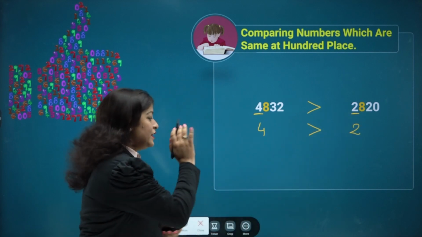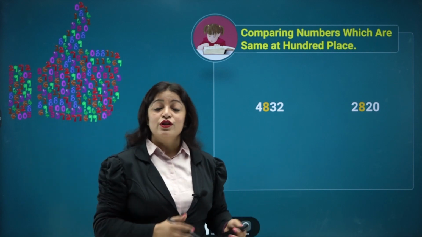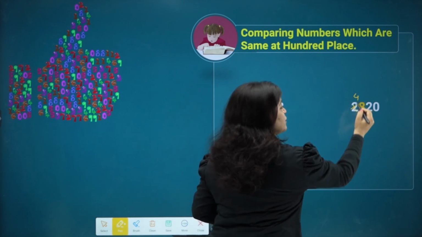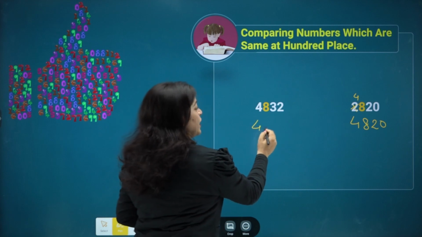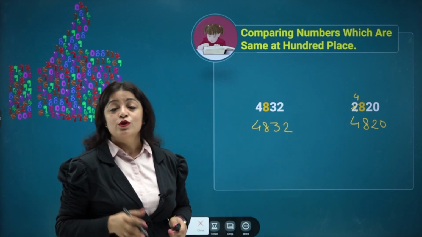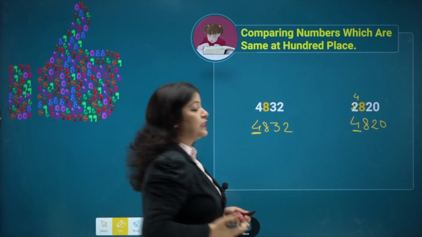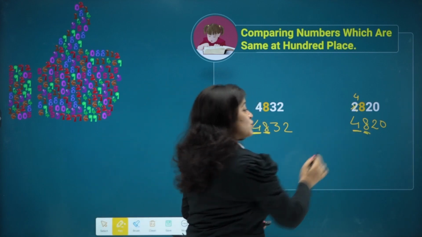Now suppose in the same question, the thousands digit is also the same, like if this is 4 and this is also 4, that means the new number is 4820 and this is 4832. Which of them is bigger? Here we notice again that 4 and 4 are the same, the thousands place is the same, and the digit at the hundreds place is also the same.